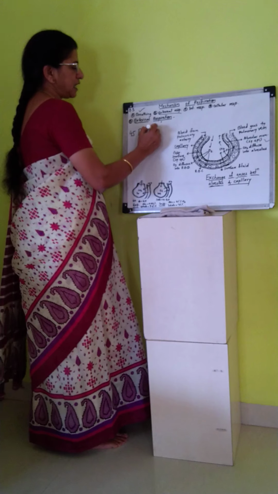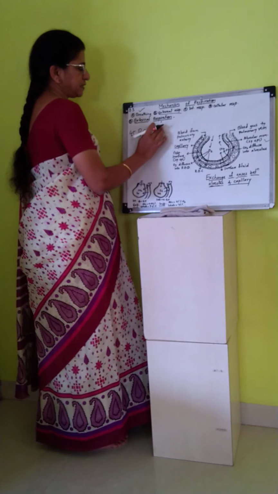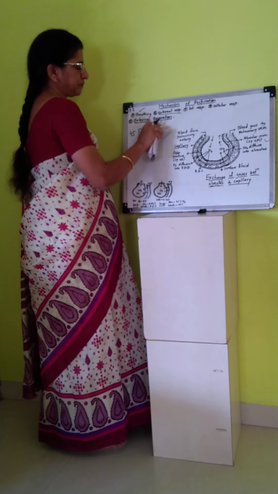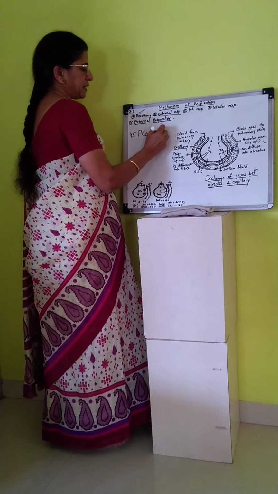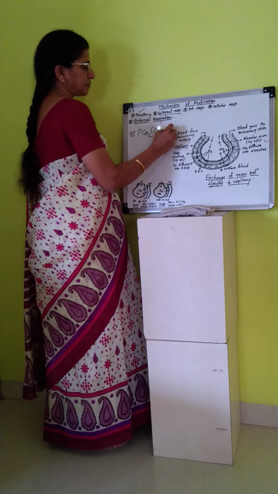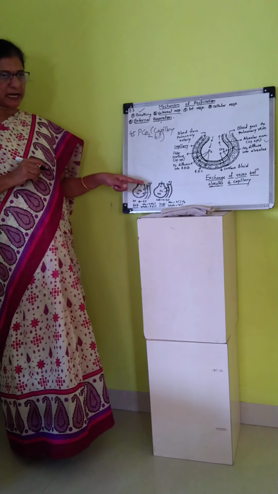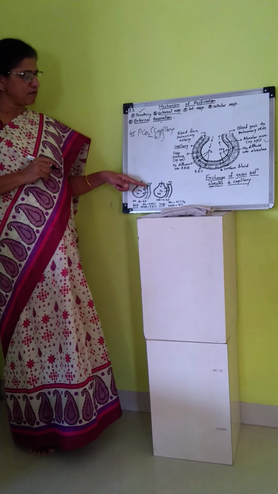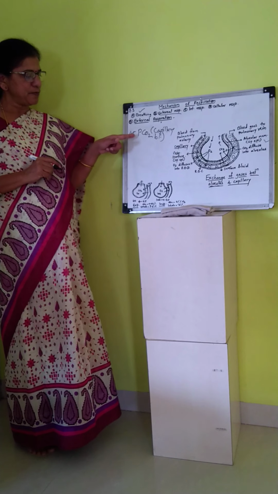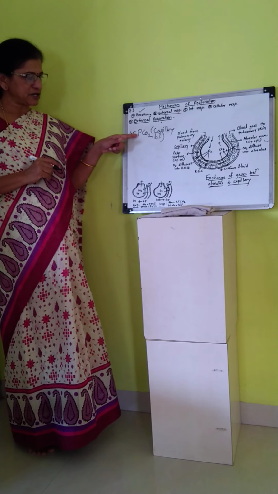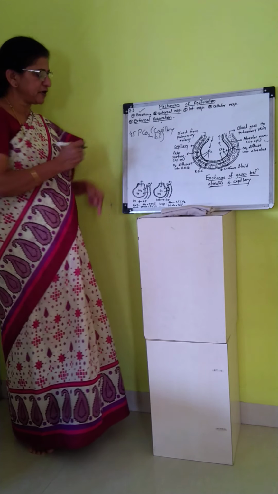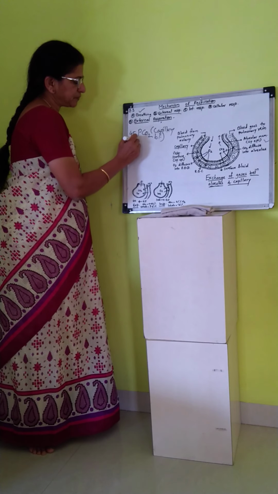That means the alveolar capillary blood possesses a partial pressure of 45 mm of Hg.